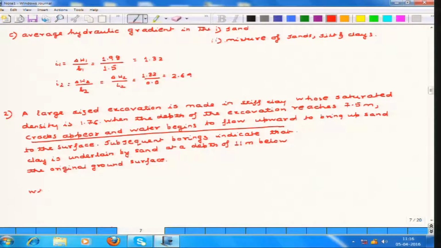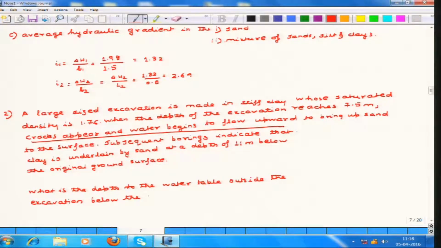So, it is asked to find out the depth to the water table outside the excavation below the original ground level.